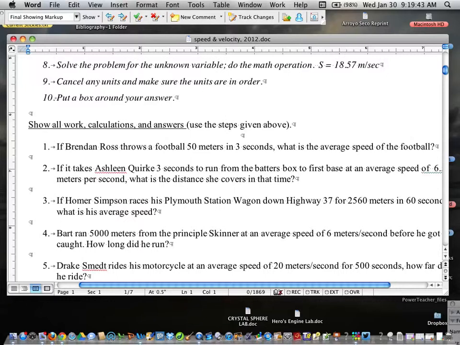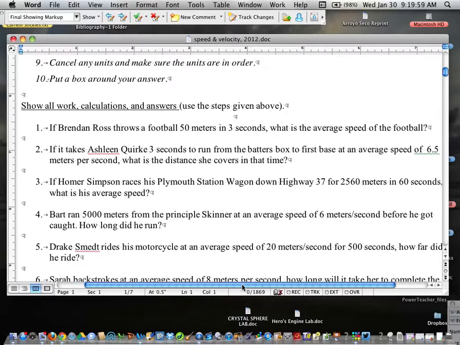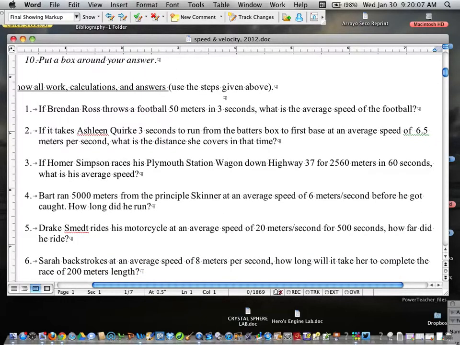Do the math operations. You can use a calculator. Cancel any units and make sure the units are in order. In some of these, you're going to see that you have to make the units the same, like you have to convert seconds to minutes, or meters to kilometers, or vice versa. And then put a box around your answer.